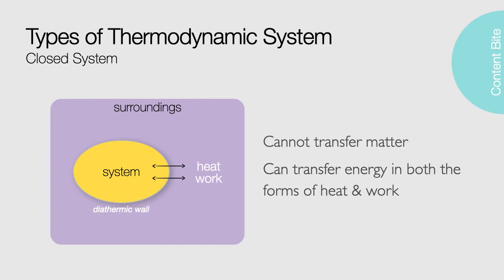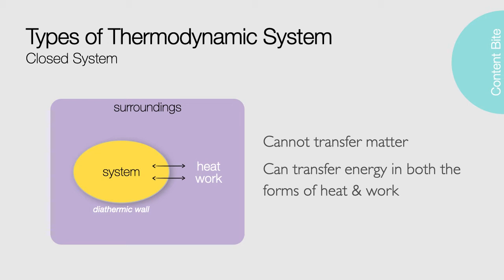Instead, we tend to think about simpler models such as a closed system. A closed system has a fixed amount of stuff. I can't add or remove matter. But by having a movable diathermic wall, we can have energy exchange in two different ways, heat and work. We will learn more about these two forms of exchanging energy elsewhere in the course.